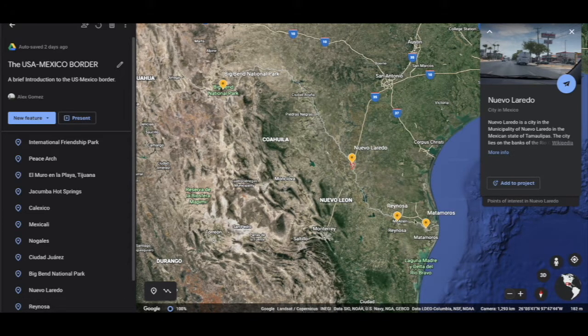This is all divided by the Rio Grande, or Rio Grande River. And that's where you have the derogatory term of wetback, because people have to swim across the Rio Grande to make it into the US.